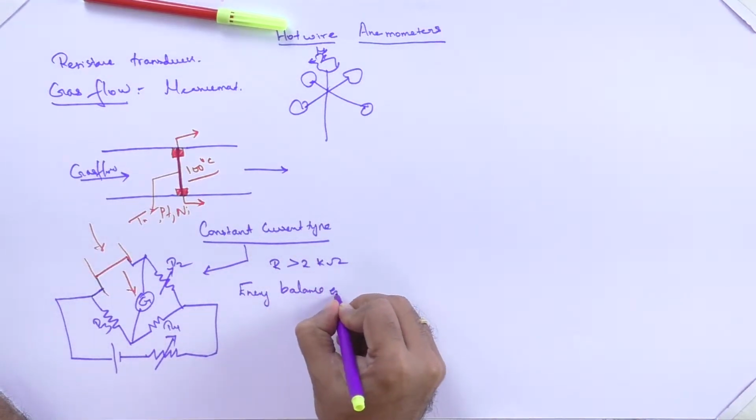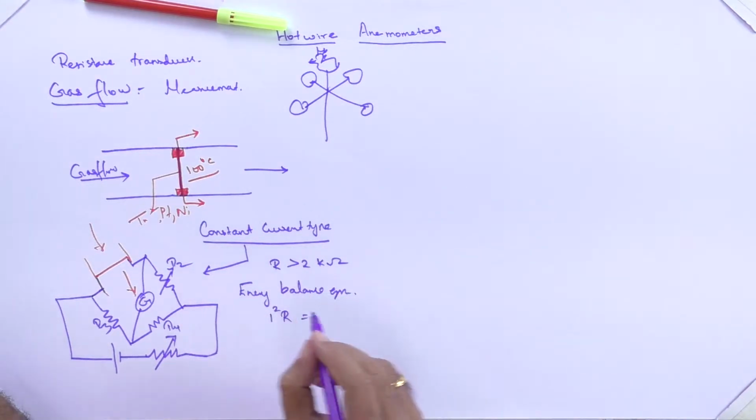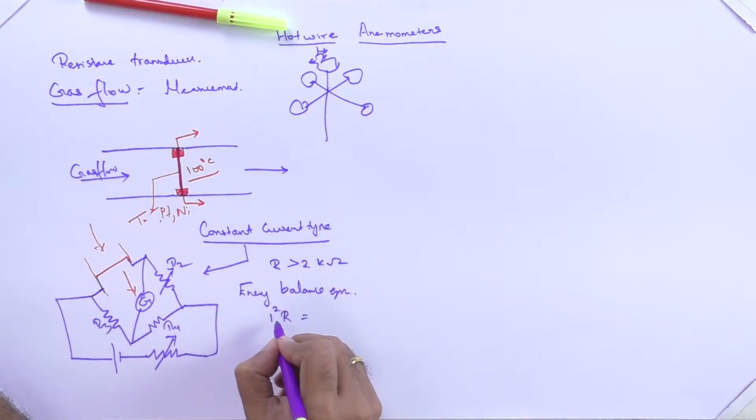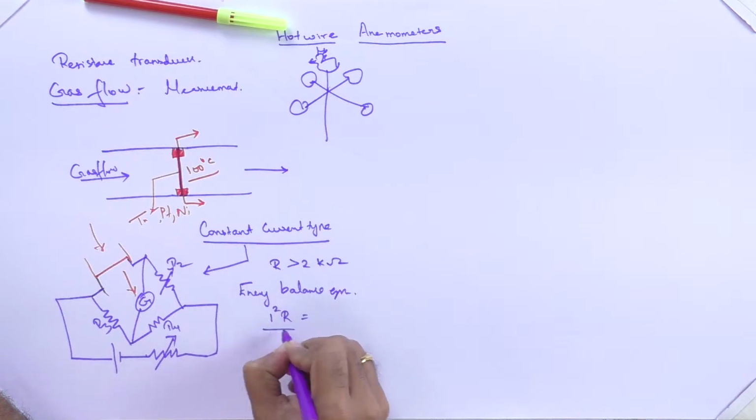The energy balance equation will be I square R. As I told you, it is a current type, hence the change of resistance will be equivalent to I square R, which is the power.